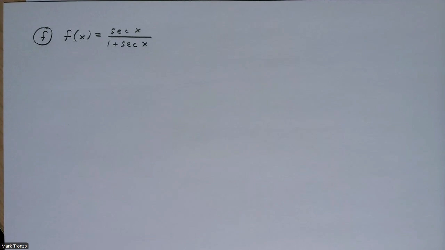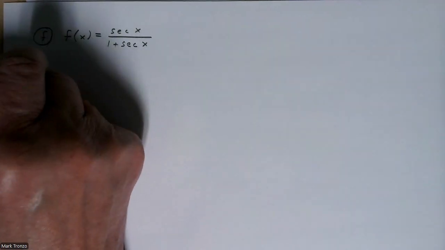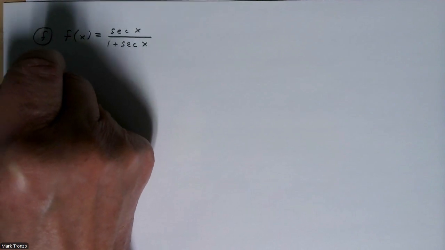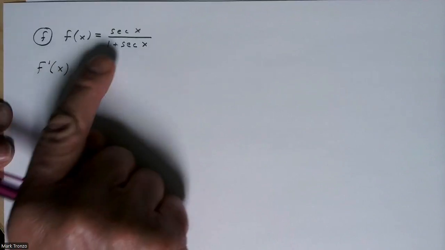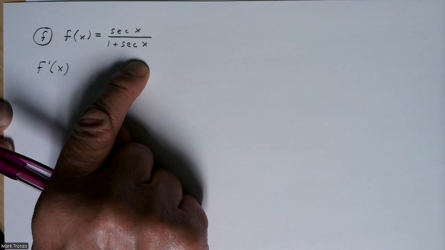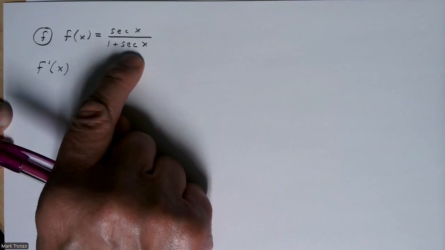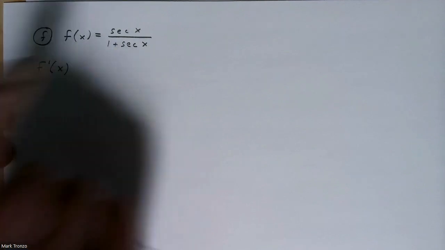I'm going to do this next one on separate paper, give myself a little bit of room. Now here we have a quotient rule. Remember, the quotient rule says the derivative of the numerator times the denominator minus the numerator times the derivative of the denominator, all divided by the denominator squared.